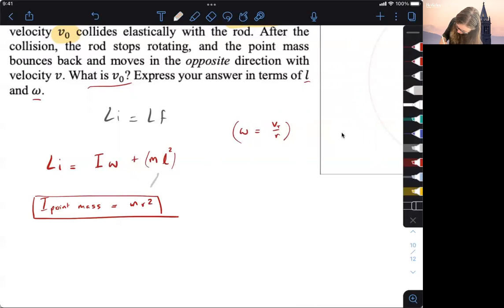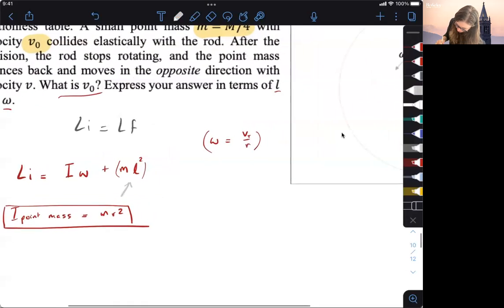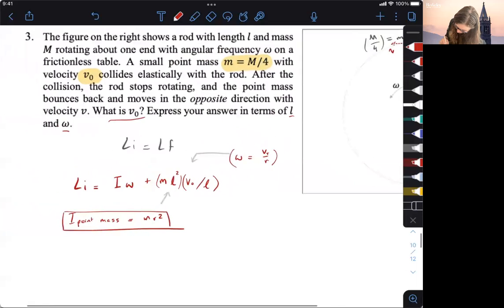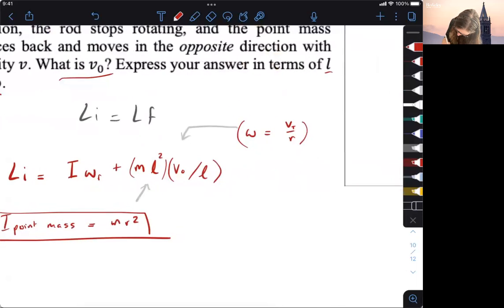So we have some point mass, and then for our w, for the point mass, we're going to use the tangent velocity over r. And the tangent velocity is going to be the initial velocity that they have for this guy. So that's going to be some v naught over L. Okay, v naught over r. So we have IW of the rod.